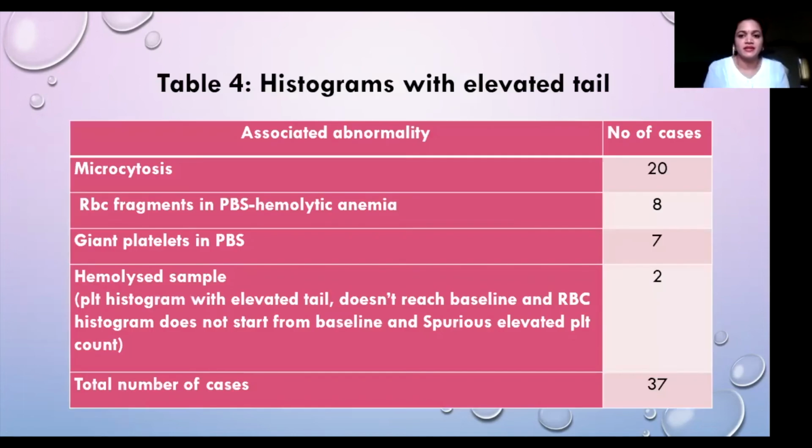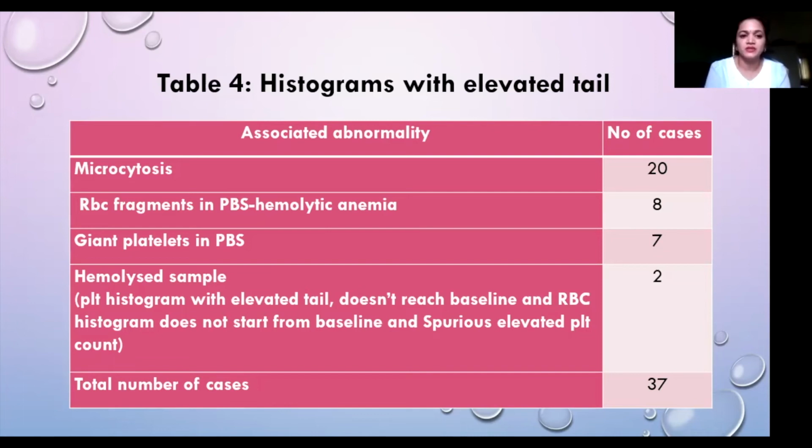Now another interesting part of our study is the histograms which had a typical elevated tail. When we went back, there were 37 cases in our study which had this kind of histogram with an elevated tail, and the associated abnormalities were divided into these 4 particular causes. One of them is microcytosis, the other is RBC fragments, giant platelets, and the next cause is a hemolyzed sample.